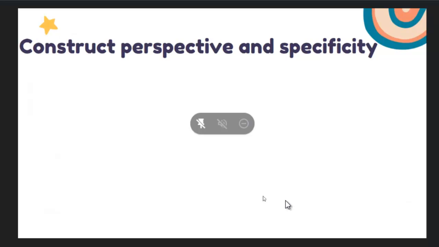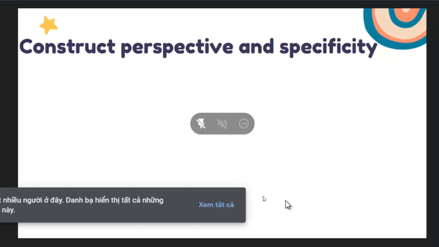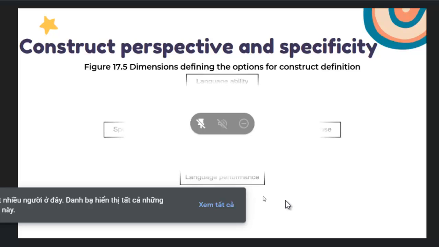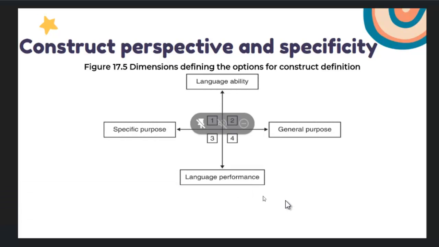And the last one, I would like to talk about is the contrast of complexity and specificity. Look at the figure. It talks about dimensions defining the options for construct definition.